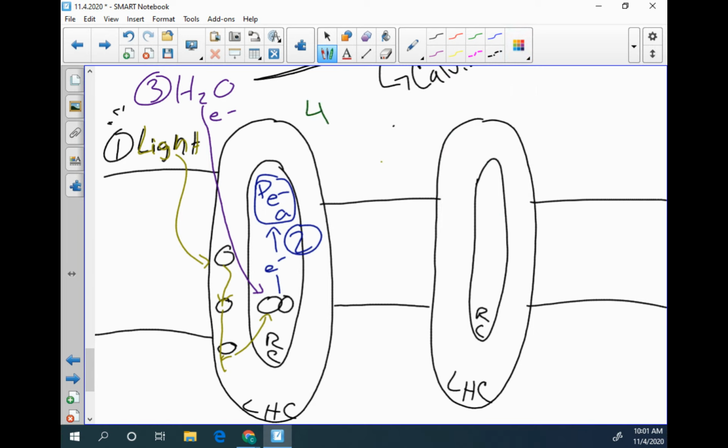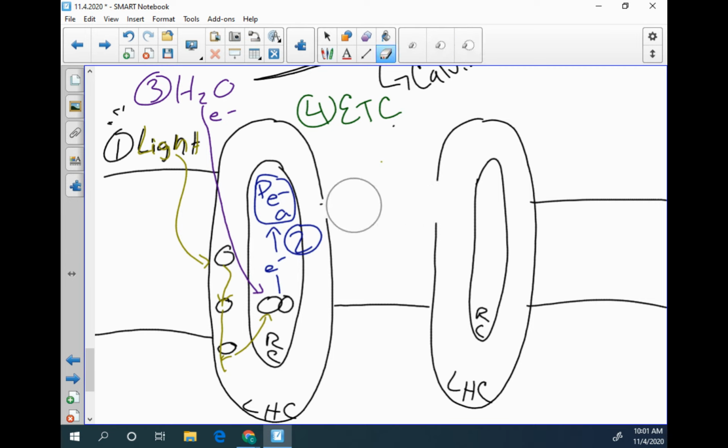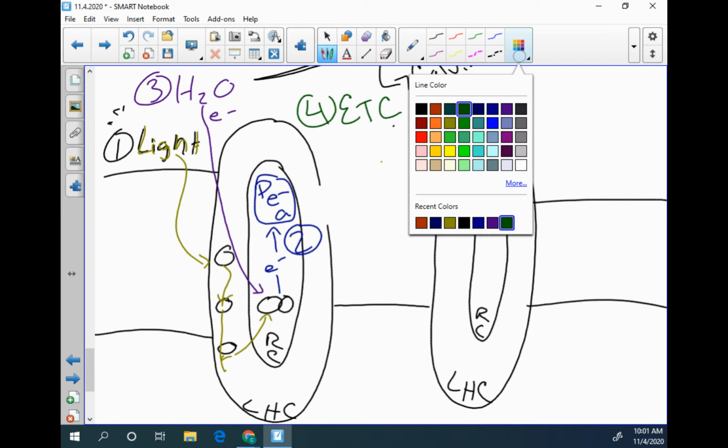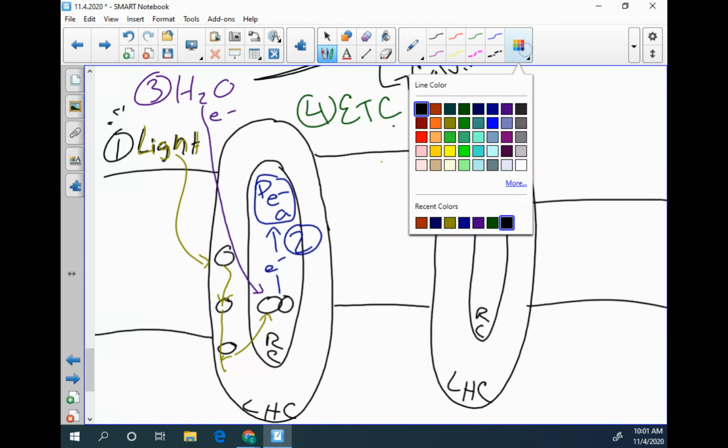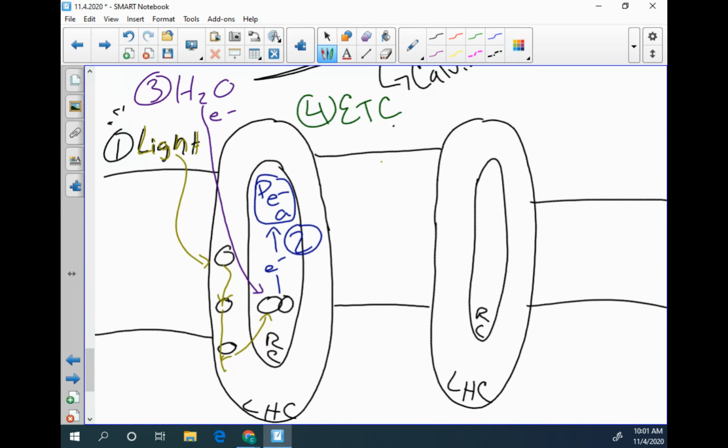Step 4 is an electron transport chain where our electrons, now this should be in the membrane. So step 4 is an electron transport chain.